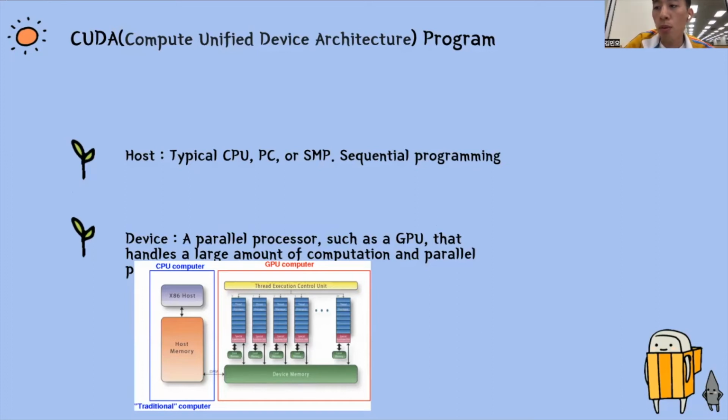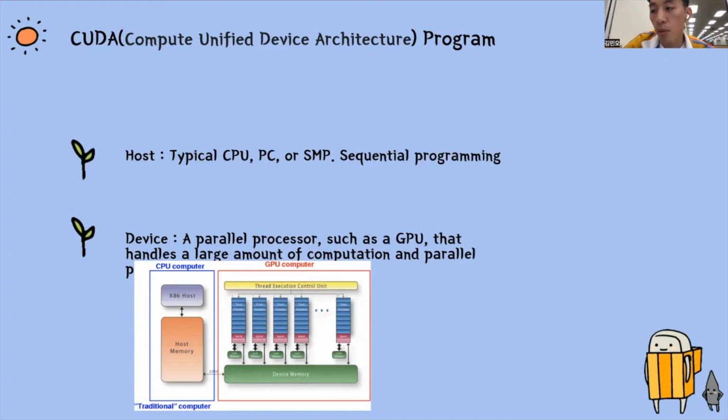It's a parallel programming model developed by NVIDIA in 2007. It supports parallel processing of applications using CPU and GPU. As a programmer-friendly parallel computing platform, it has greatly contributed to the increase in GPU utilization.